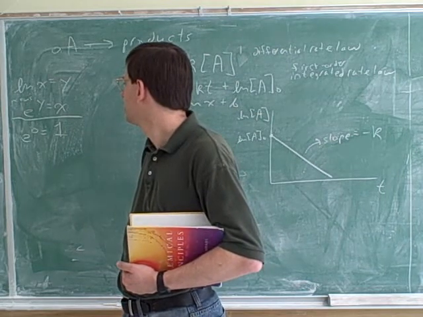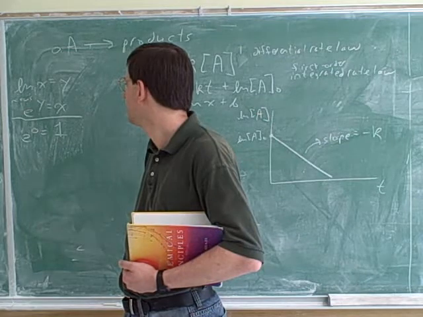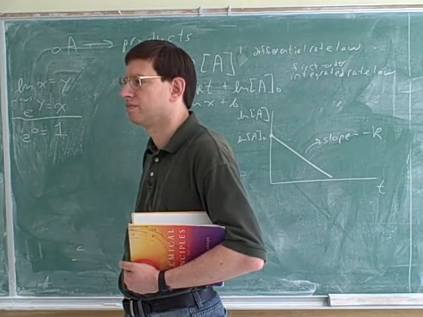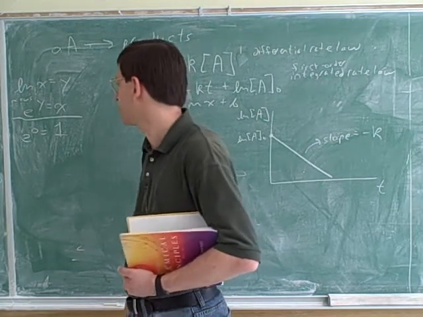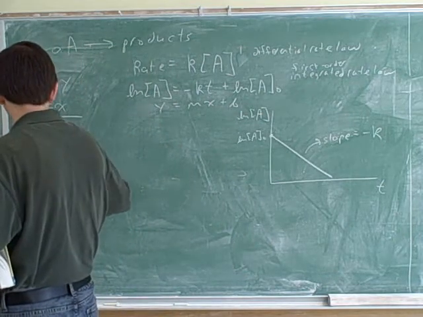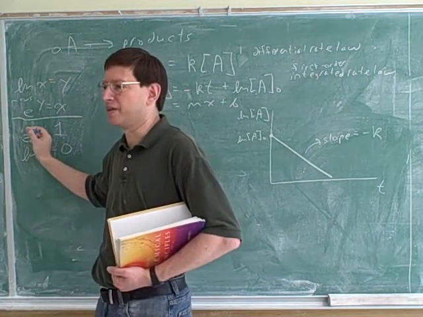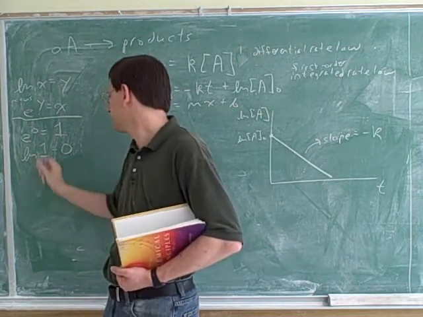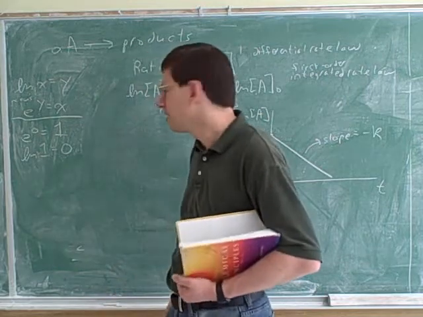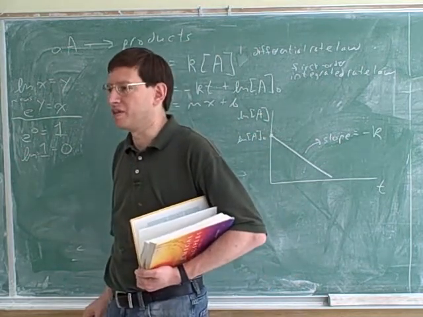The natural logarithm of 1 equals 0. That's right. So what this tells us here is, remember that the log is the exponent. So here the exponent is 0, so that's the log. This tells us that the log of 1 is 0. These two things go together, and that's true for any logarithm. The log of 1 is always 0.